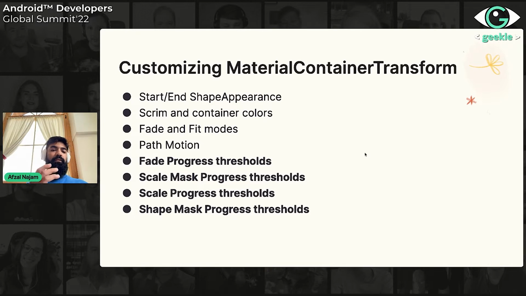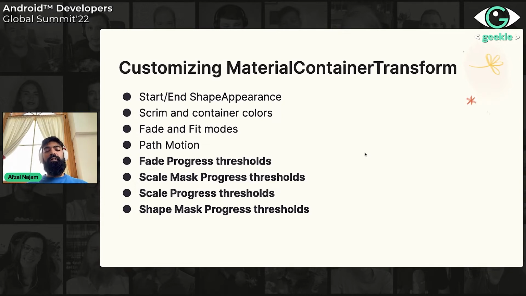You can change the scrim color. So while the transition is happening, maybe the background needs to gray out or something like that, and it handles that for you. You also have the choice of picking the fade and fit modes. For example, fade modes are like crossfade or fade through or fade in or fade out.